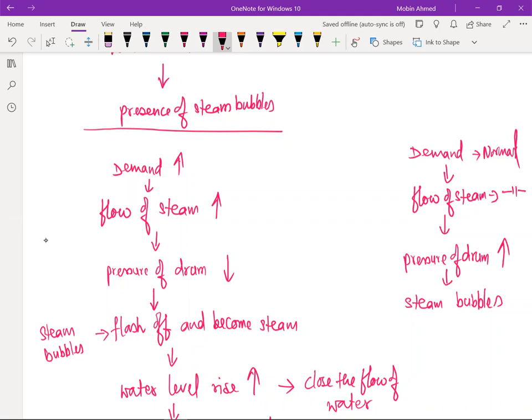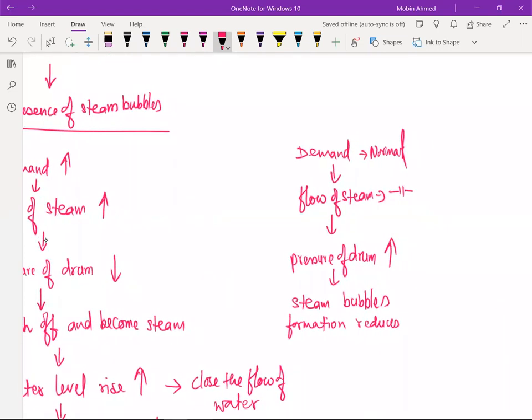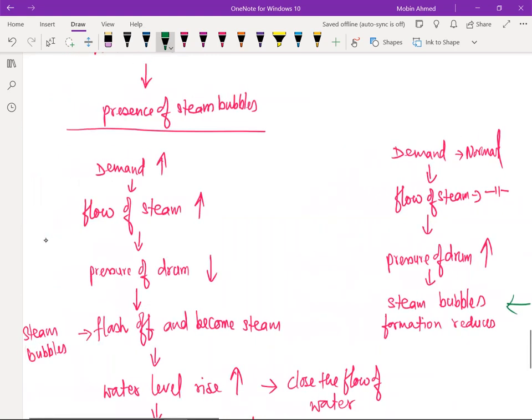So this steam bubble formation reduces. Another reason for this is that the cold water has come, and due to the cold water, bubble formation is also going to reduce. Why is the cold water coming?